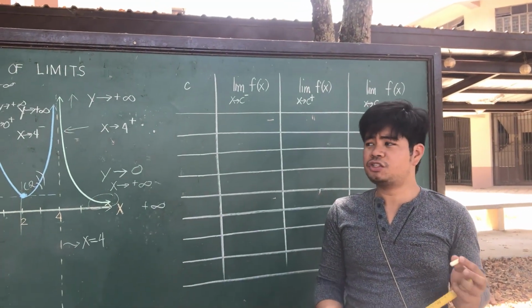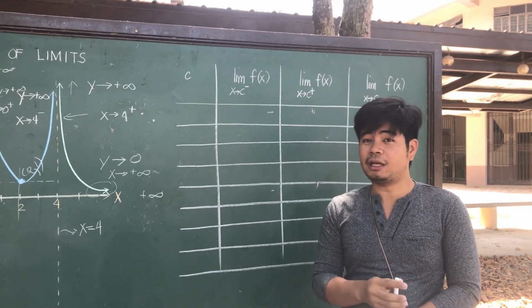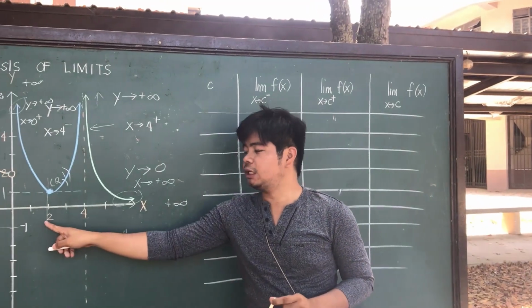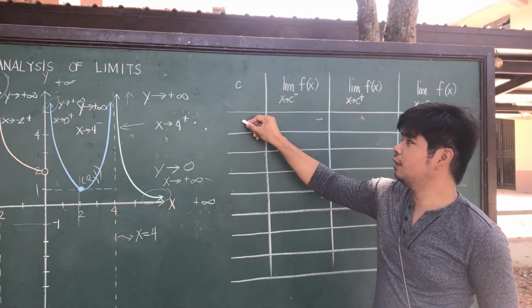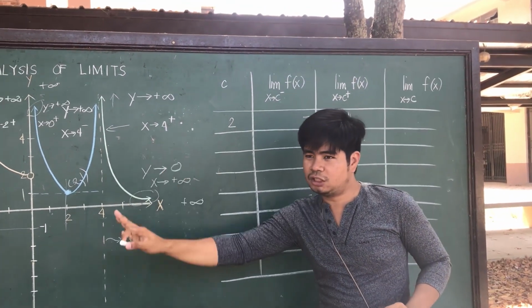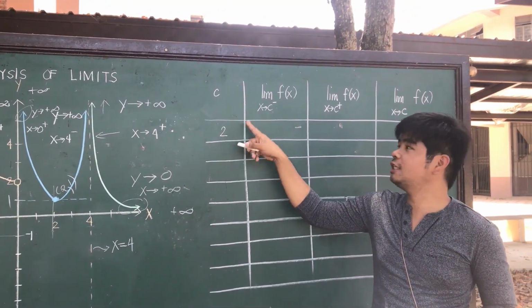Okay? Now, let's try to go back and see how do we evaluate or get the limits using the graphical analysis the previous way. Okay? Let's say for example the value of c here is 2. So I will write it 2 here. So what happens to the limit of this function? Let's say the function is f of x habang ang x ay nilalapitan ng 2 sa kanyang left.